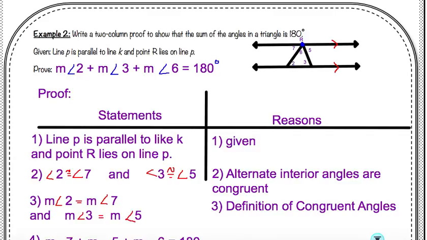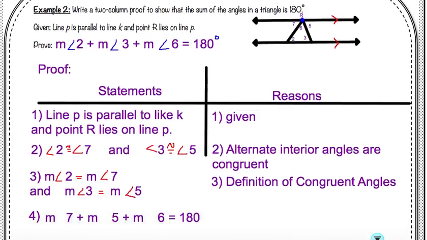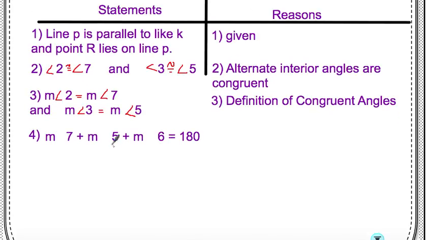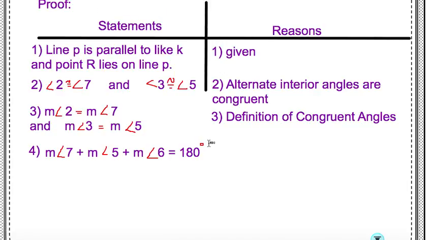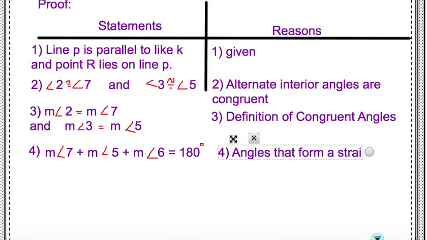So let's look again. 7 and then 5 and then 6. And all of that equals 180 degrees. And the reason for it is angles that form a straight line sum to 180 degrees.